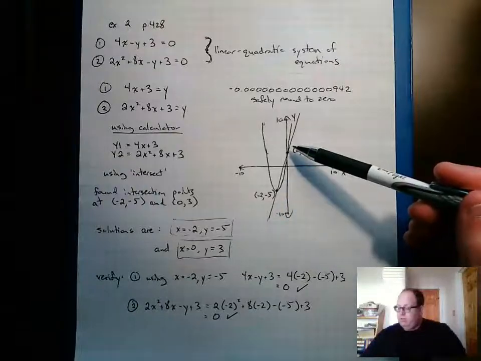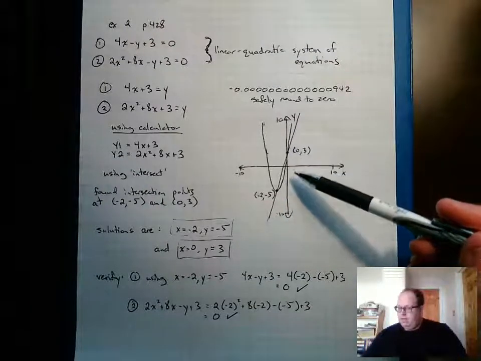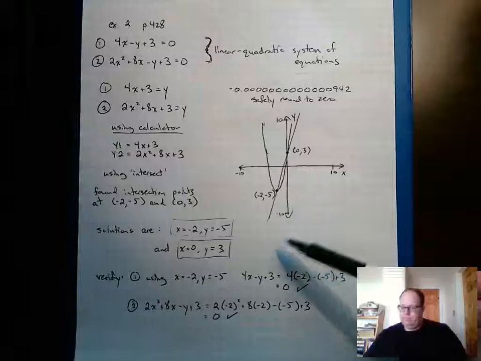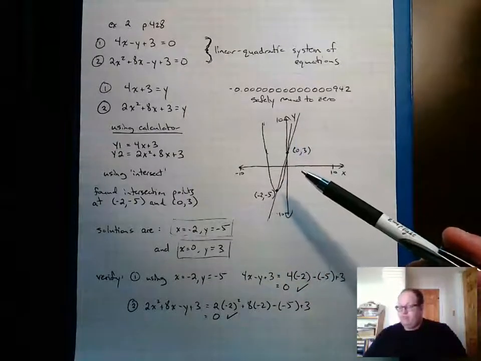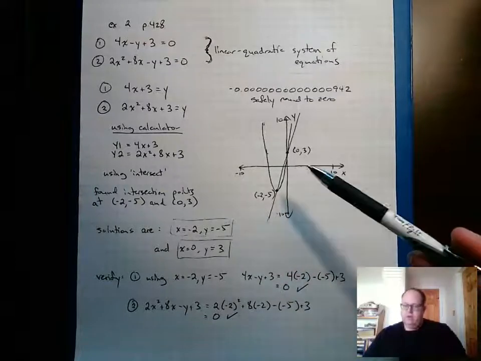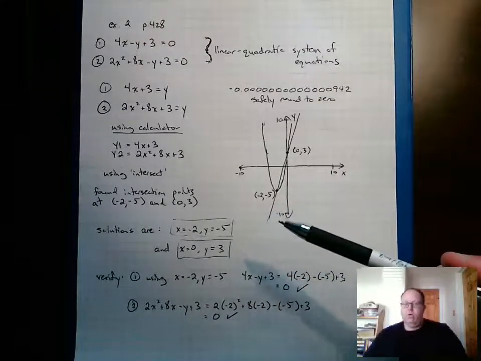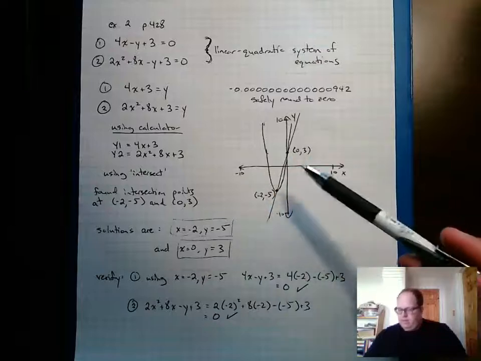Or we could have had no solutions if, say, this straight line was dragged down to here. So linear quadratic and quadratic system of equations can have no solutions, one solution, or two solutions, depending on how many times they intersect.